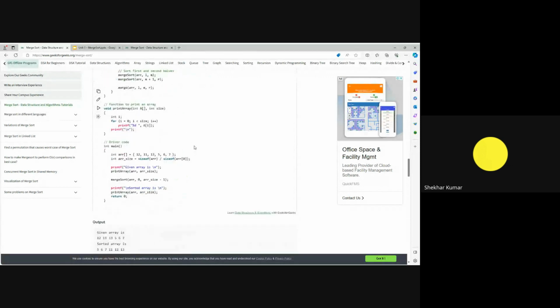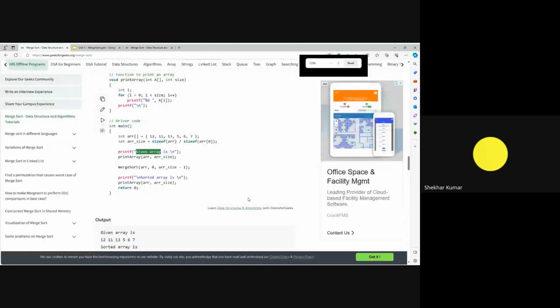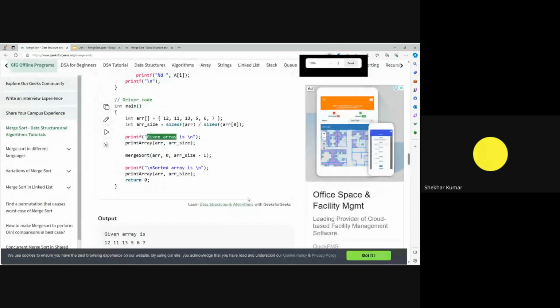Here is the int main. This is a given array with 6 elements. Okay, given array is printed here, and sir, please zoom it. Okay, now this is clear. Yes, sir, it is clear.